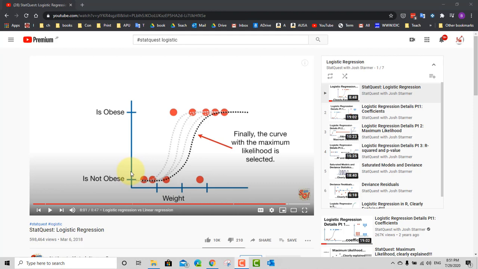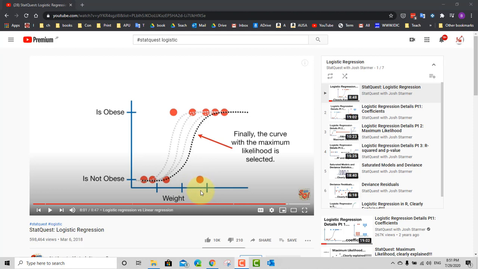So we're going to say there's a 10% chance that it's not obese, and therefore a 90% chance that it is obese. On the other hand, if we had something over here, then it's going to be up here, so maybe there's a 95% chance that it is obese, and therefore just a 5% chance that it's not obese. That's what this curve is doing.